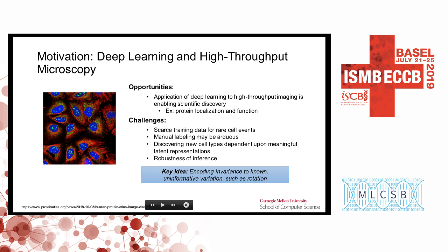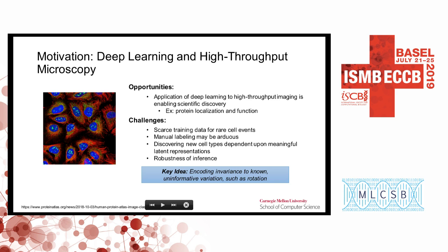But this paradigm is not without some challenges. In some settings, the amount of labeled training data we have may be scarce. Perhaps we're interested in some rare cell type or event, or just manually labeling data is too expensive or difficult. Or in another setting, maybe we're interested in discovering new types of cells, so in an unsupervised setting, in which success isn't dependent just upon more data, but also upon more meaningful representations of the data, in which we can have variables that represent biological meaning.